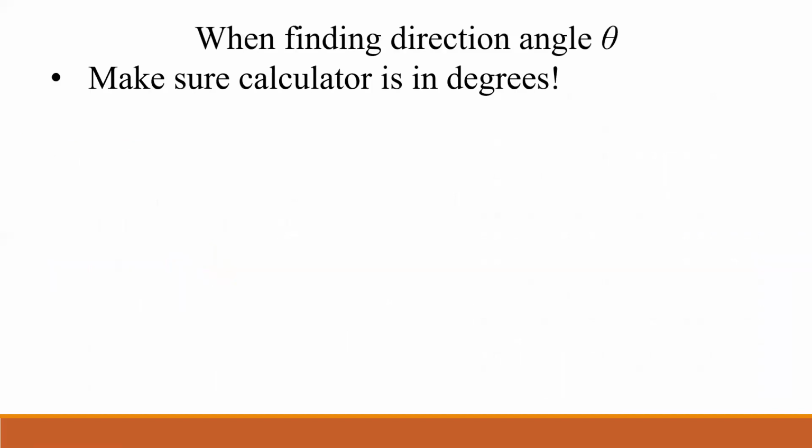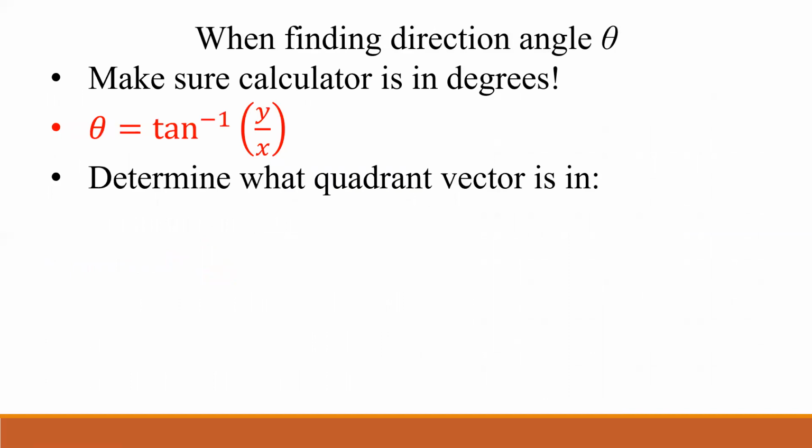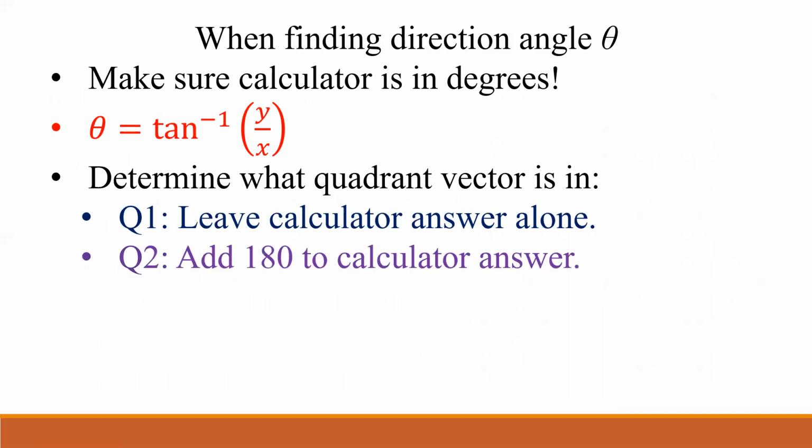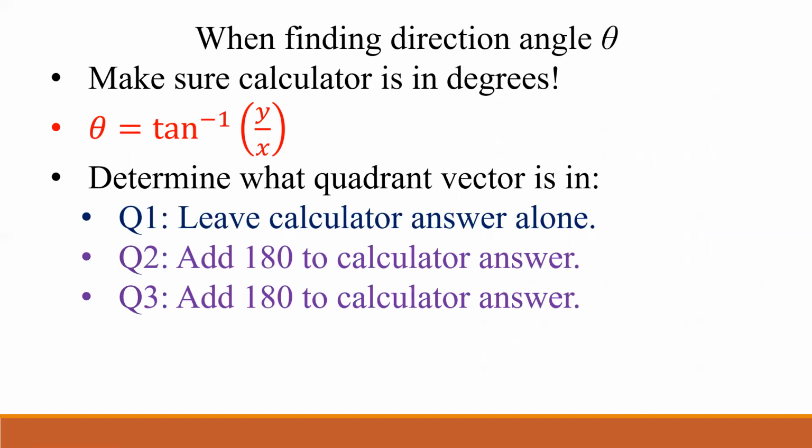But here's a screen real fast about kind of your cheat sheet for determining your actual final answer depending on what quadrant it's in. If you're in quadrant 1, whatever the calculator tells you is fine. Leave it alone. That's your final answer. If you're in quadrant 2 or quadrant 3, whatever you put in the calculator, you're going to add 180 to that calculator answer, and that's going to be your final answer.